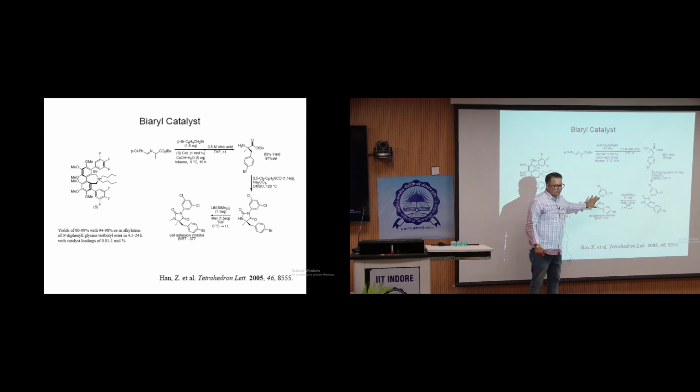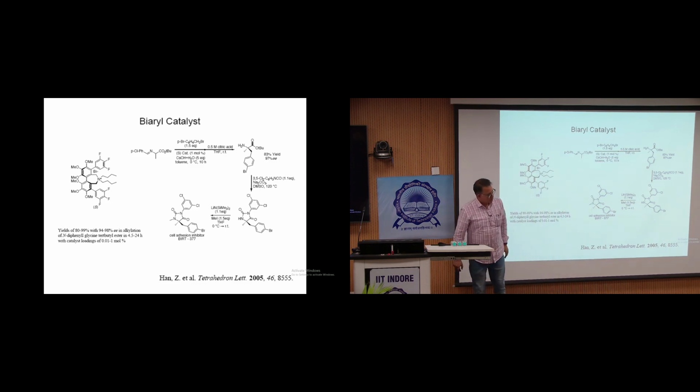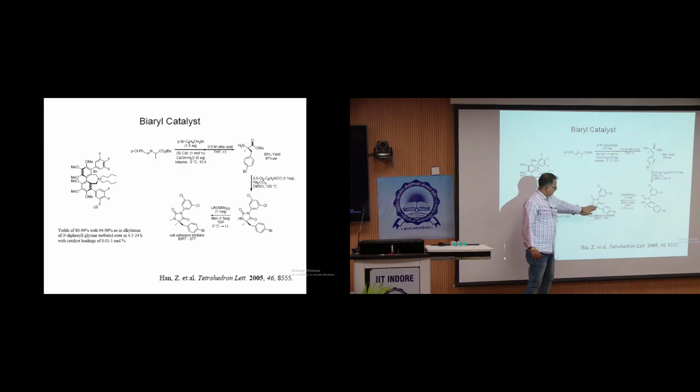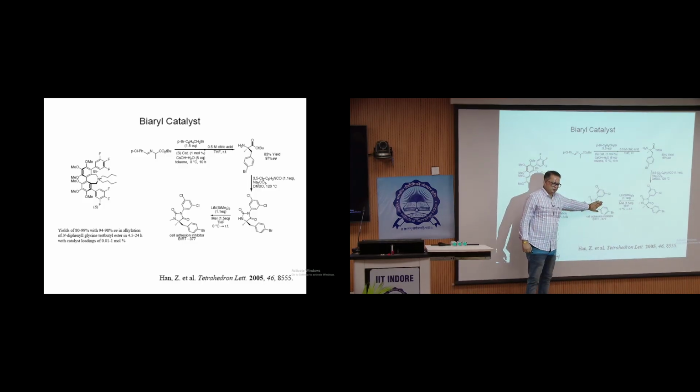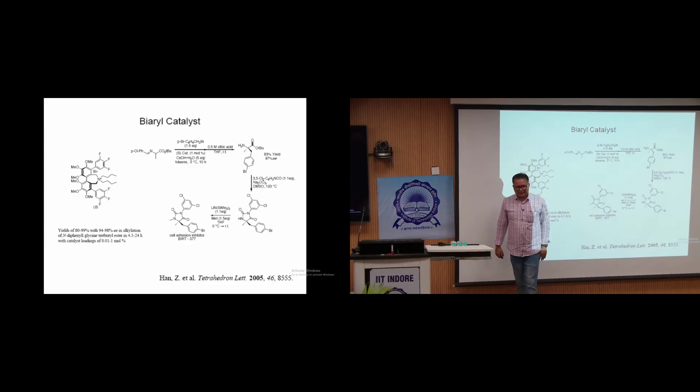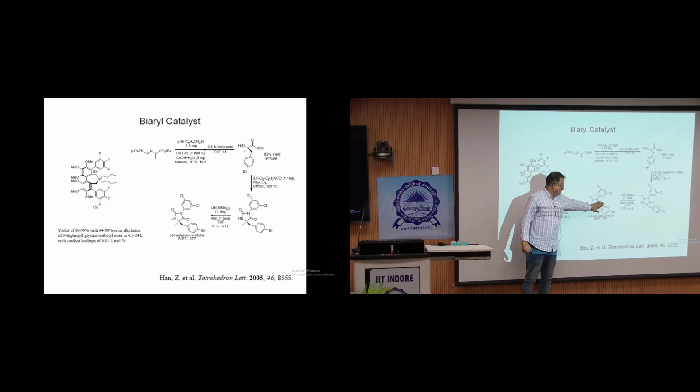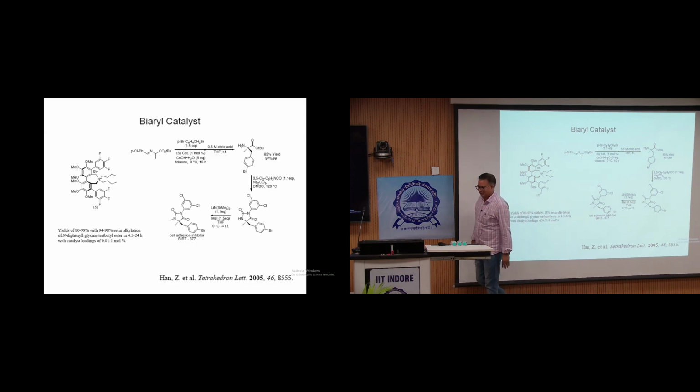Now, what is the name of this fragment? There are 2 nitrogens and 1 carbonyl. Any idea? What will this fragment be called? Urea is a molecule.